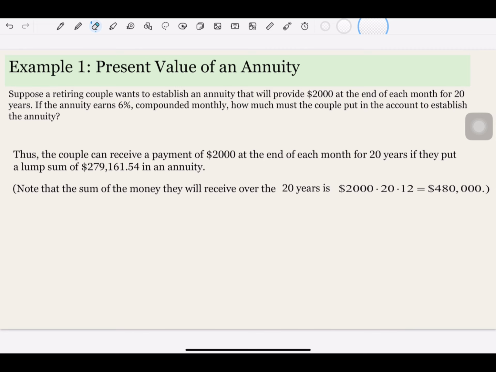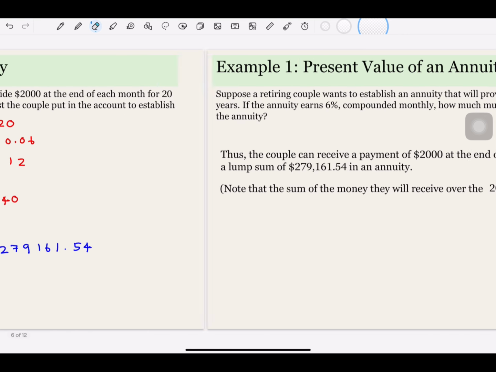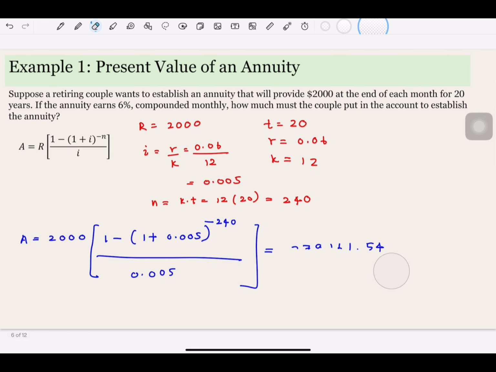So in conclusion, the couple needs to invest approximately this amount to receive $2,000 every month for 20 years. This is how the present value of an annuity helps us plan for long-term financial goals like retirement.